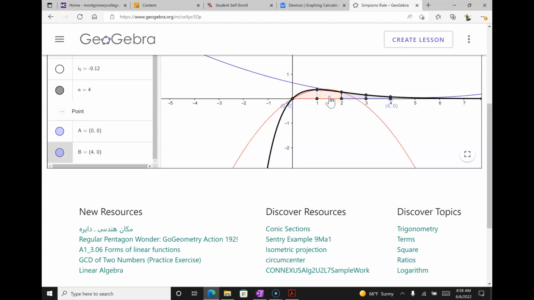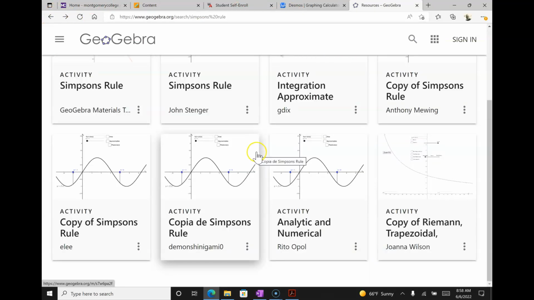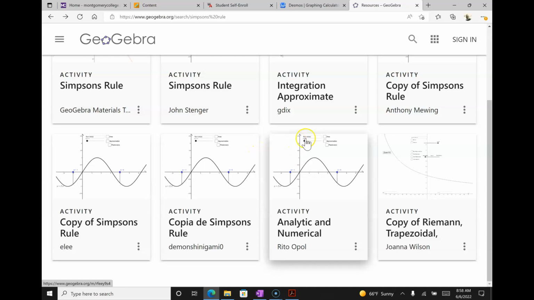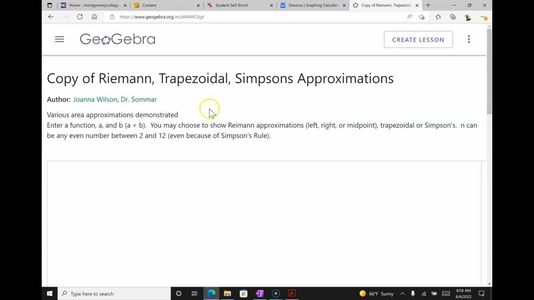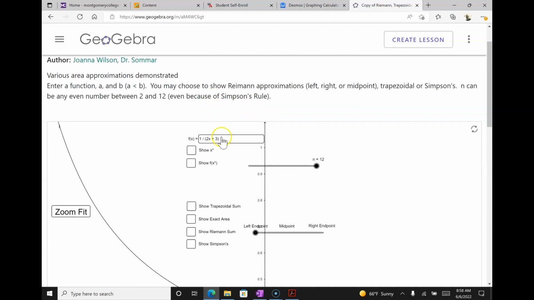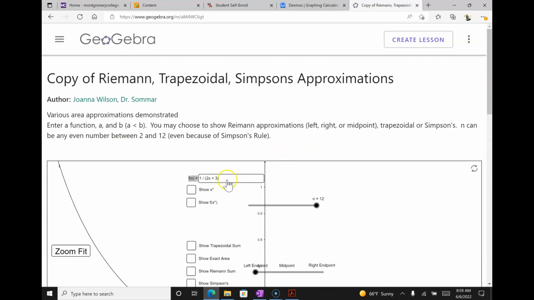Damn it. I'll find a better one. You play around with it. Find one that you like, because you're going to be allowed to use it on the test. The thing is, I've got to be able to put in my function. There we go.